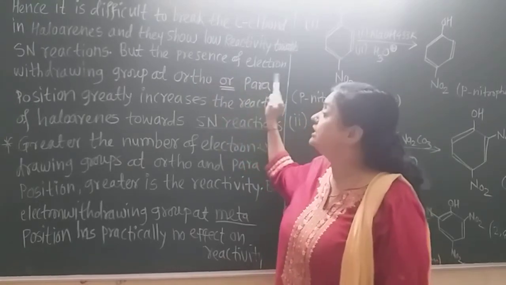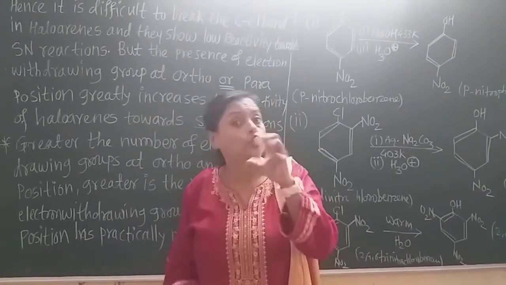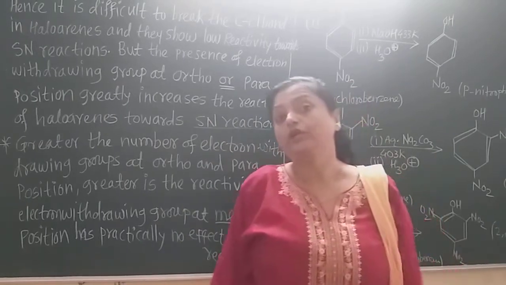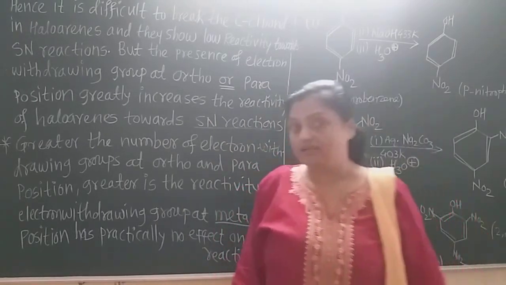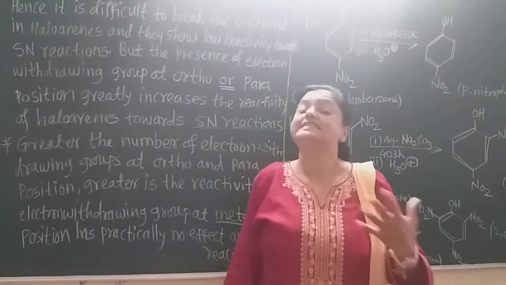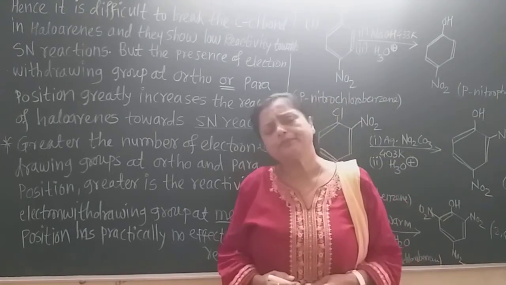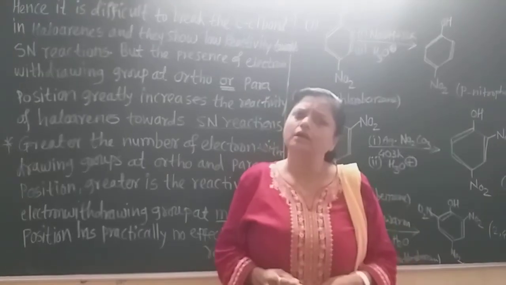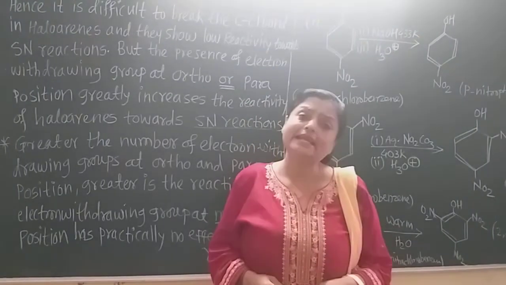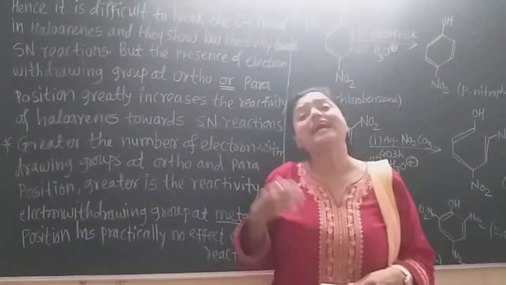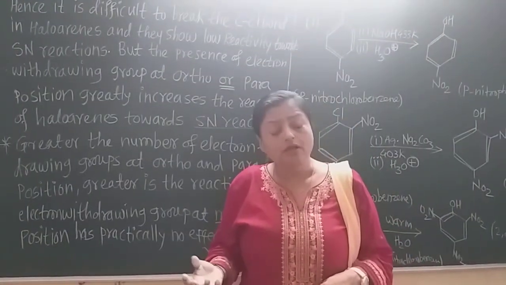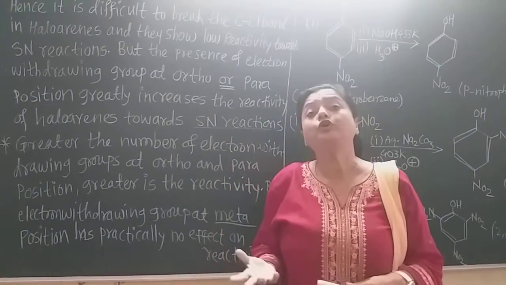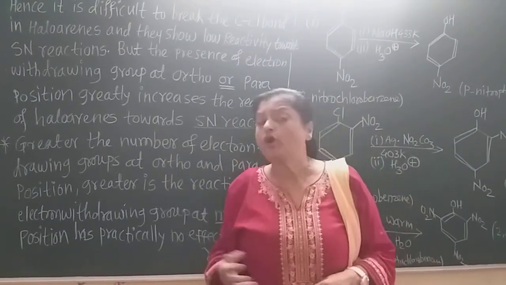due to the presence of electron withdrawing groups, you know that electron withdrawing groups are groups having the minus I effect. Which groups are those? All halogens have the minus I effect. Again, the NO2 group, cyanide group, and carboxylic group are all electron withdrawing groups.